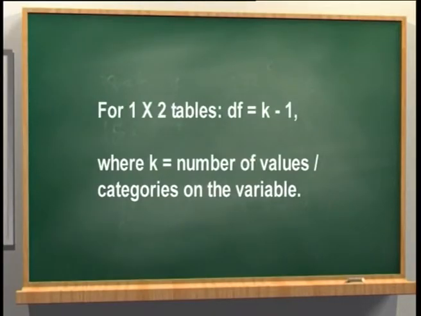That is, a table's degrees of freedom equals the number of rows in a table minus 1 multiplied by the number of columns in the table minus 1. For 1 by 2 tables, degrees of freedom is equal to k minus 1, where k is the number of values or categories on the variable.